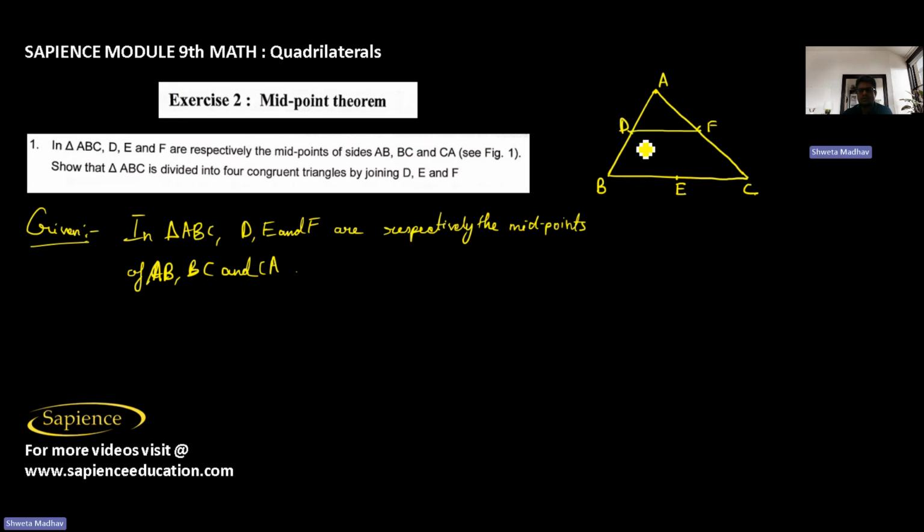We have to join DE, EF, and FD, and we have to show that triangle ABC is divided into 4 congruent triangles by joining D, E, and F. These two sides are the same, these two sides are equal, these two sides are also equal.